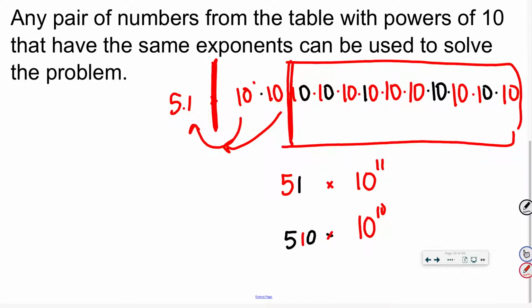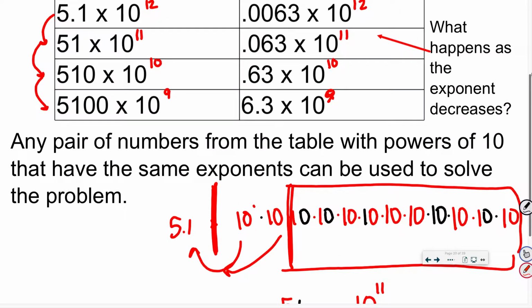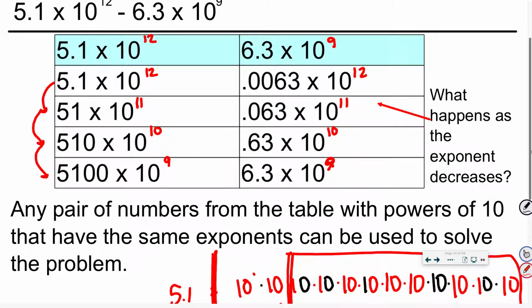So if at any point in time you were struggling to see why that original number is changing or why the exponent is changing, I encourage you to break out the number and actually show the movement. You can see where that power of 10 is coming from. Some of you might just be able to fill in the pattern, right? If you notice that every time I decrease by a power of 10, this number is increasing by a power of 10, that might be enough.